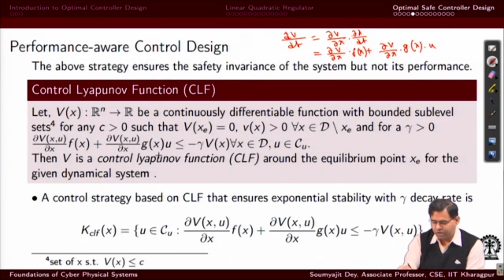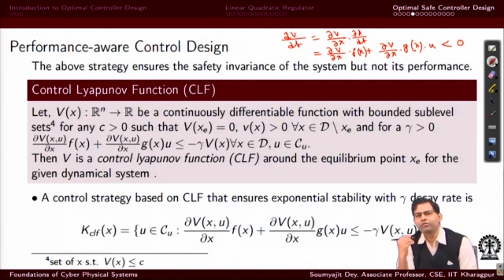The original definition of the Lyapunov function had this thing as negative. We want that in a different way. So, what we are saying is not only is this negative, it is not just any negative value, but let me give a bound on how negative it is at different positions of the space.